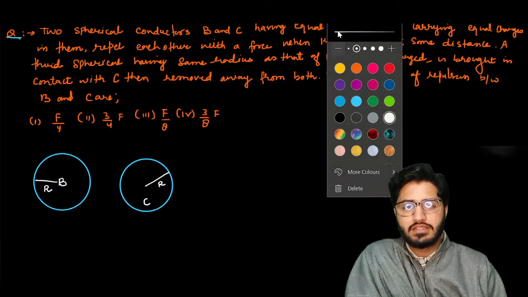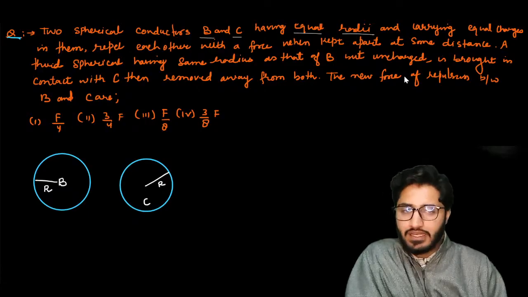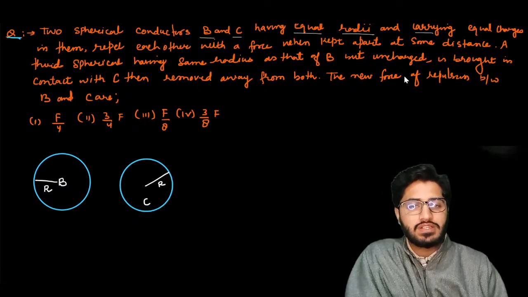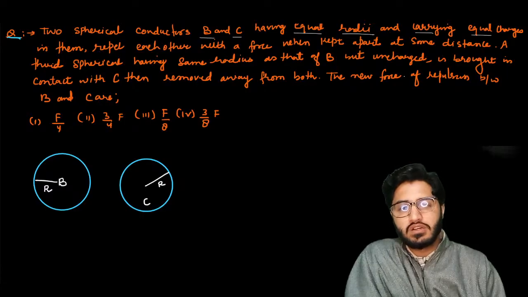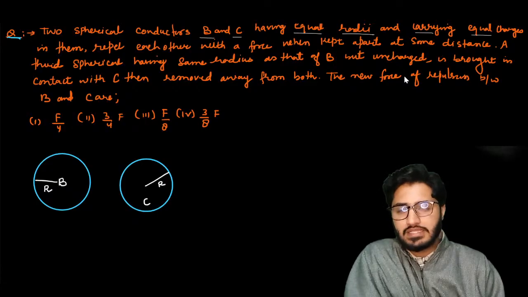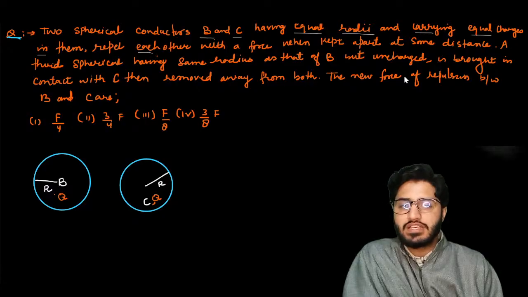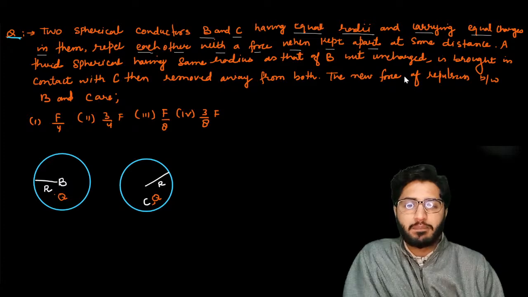In this numerical, it is given that two spherical conductors B and C both have equal radii, carrying equal charge. That means B possesses some charge, let us suppose Q, and in the same way C has charge Q. They repel each other with a force when kept apart at some distance.